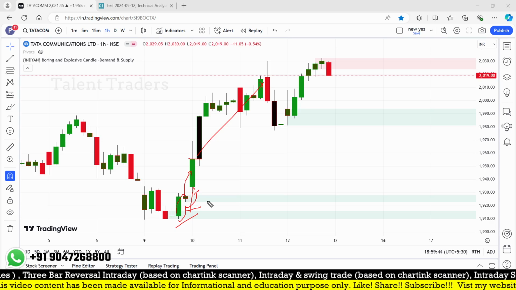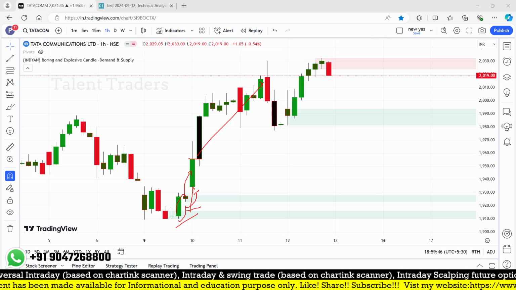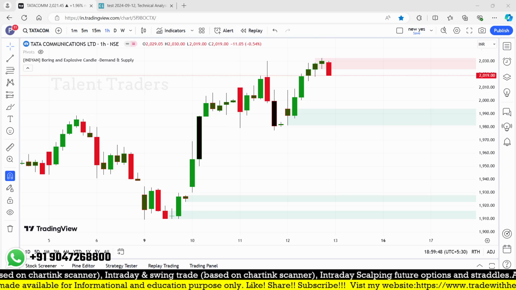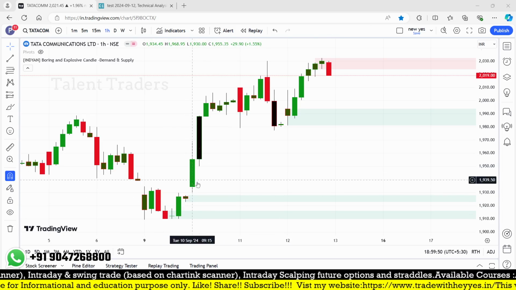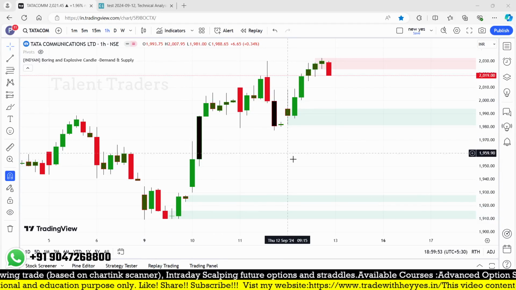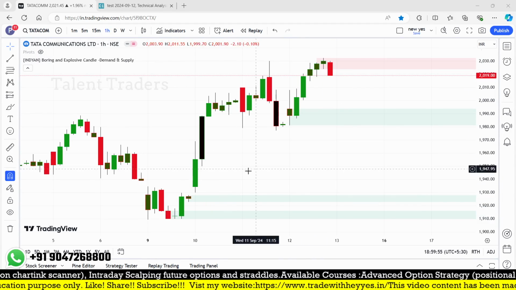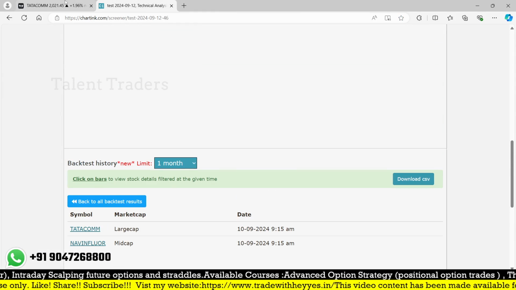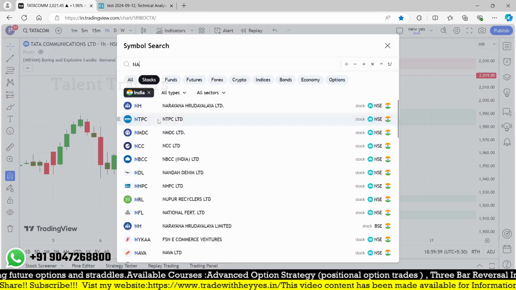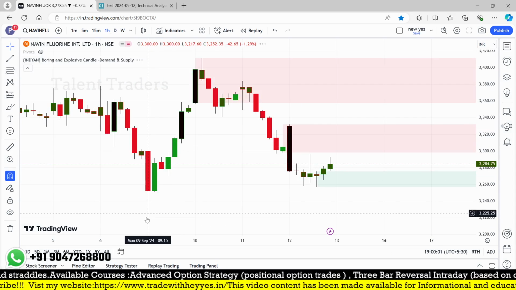So we can modify a lot of ideas and implement them with this scanner's creation. But for that we need to know the logic and the conditions very clearly. Then we can create whatever we want. And this is the same for Navin Fluoride, na? Navin Fluoride is forming such a pattern.